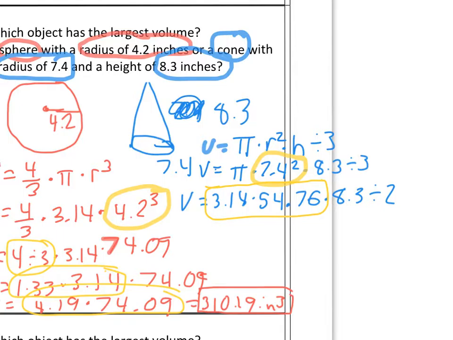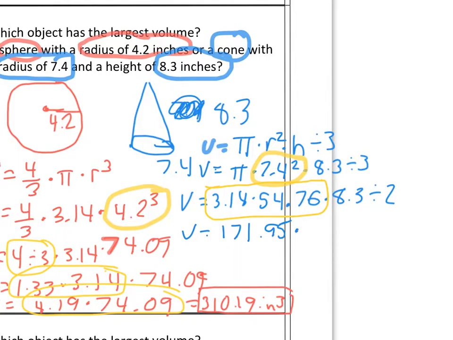Again, you plug this in your calculator, you're checking. And check and see if you got volume equals, I got 171.95. So again, round up on that one.